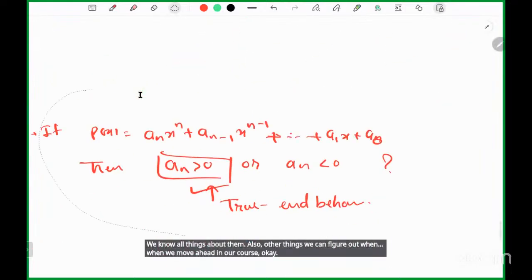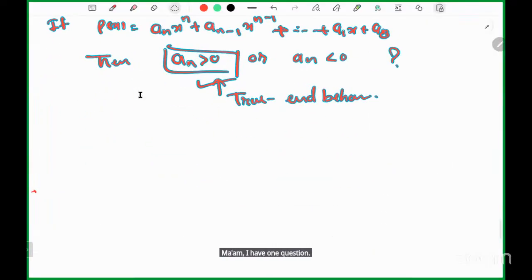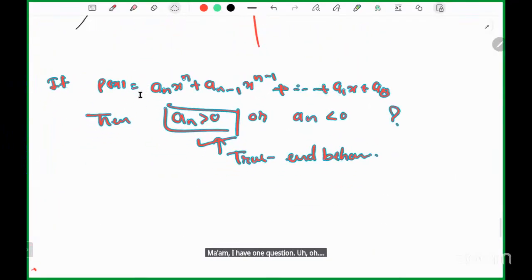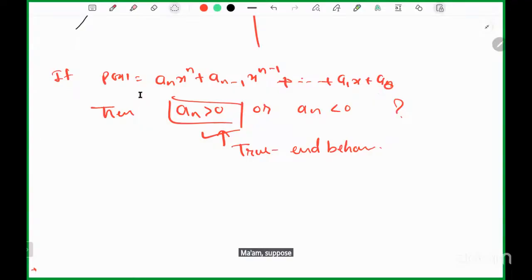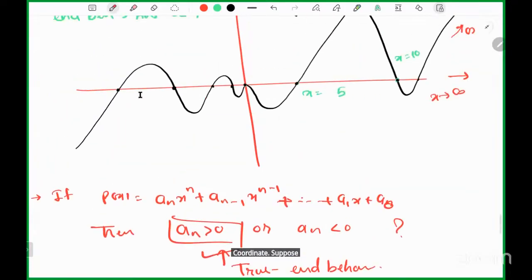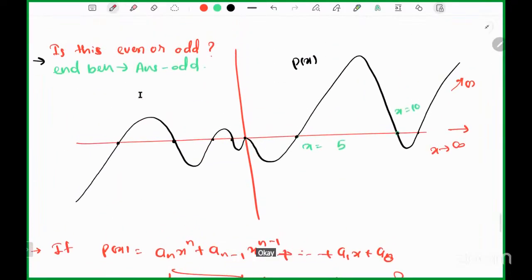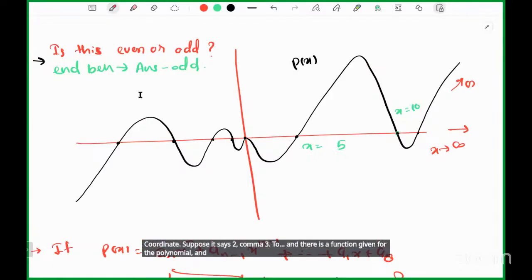Ma'am, I have one question. Suppose there's a question that a polynomial goes through a particular coordinate, say 2, 3. There is a function given for the polynomial, and it passes through the coordinate 2, 3.